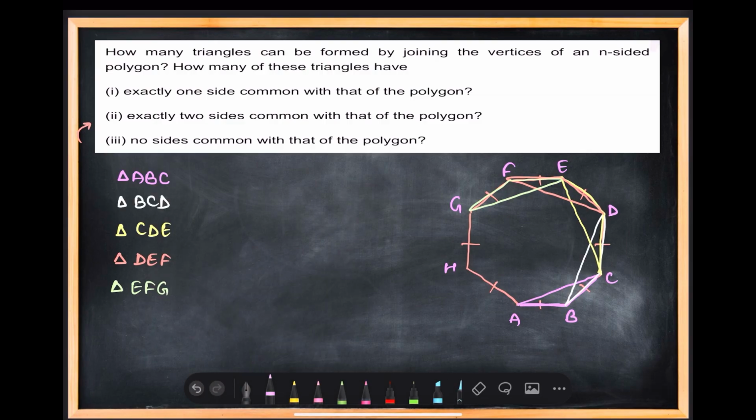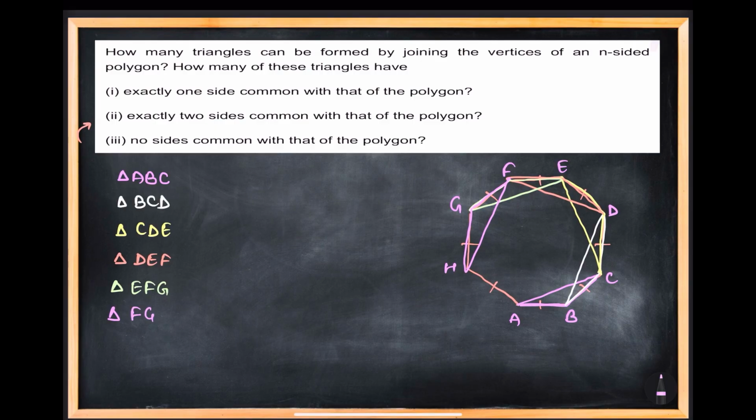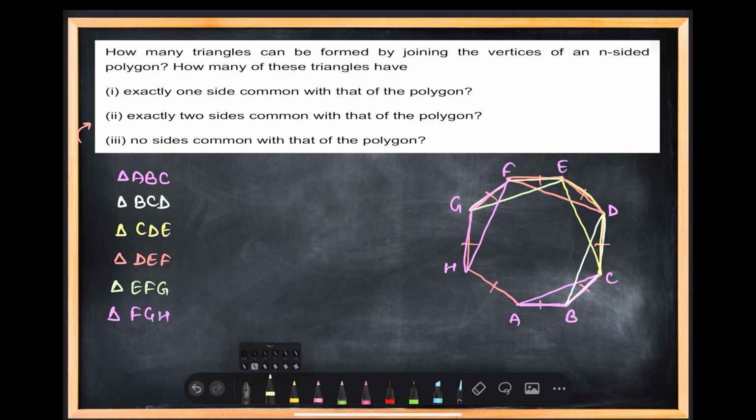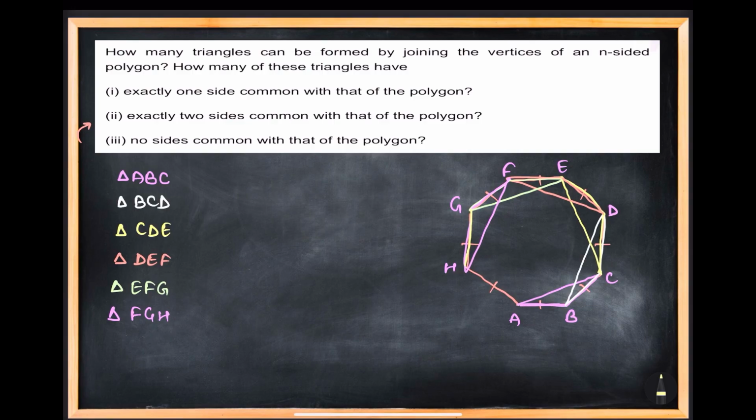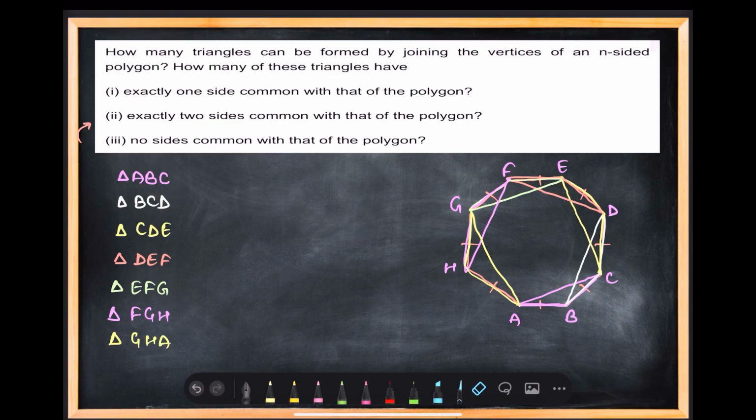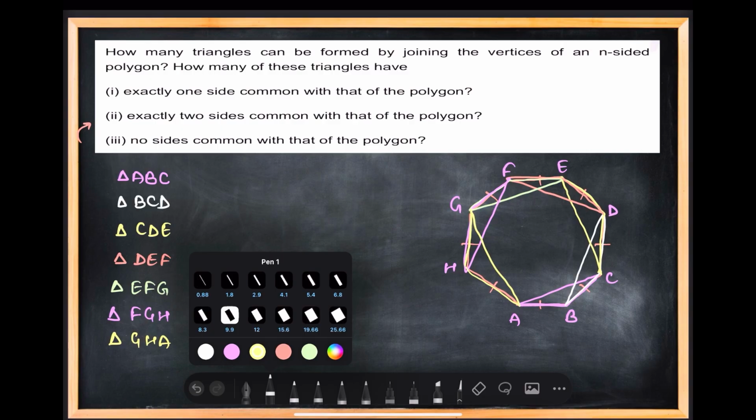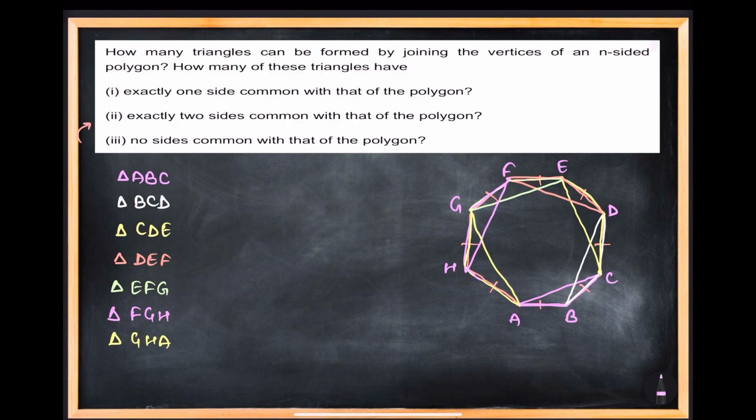Now F: F, G, H, triangle FGH. Now G: G, H, A, triangle GHA. Now H: H, A, B, triangle HAB.